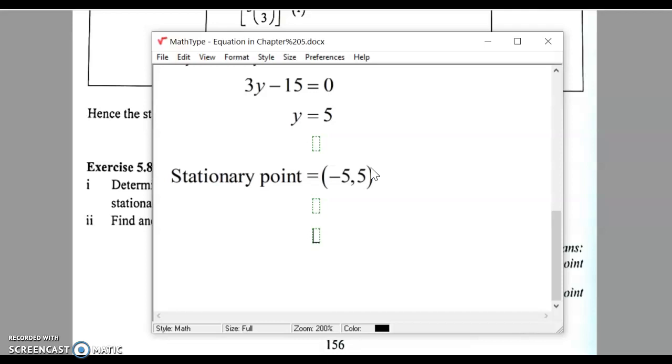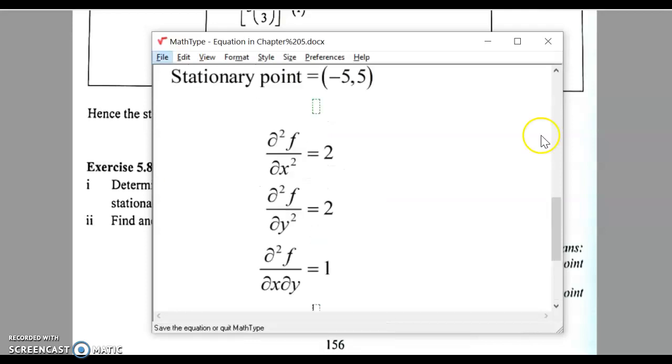We have the second partial derivative of x, the second partial derivative of y, and also the mixed partial derivative. Alright, these are all of the derivatives. And I want to emphasize again, your mixed partial derivative can be x then y or y then x. It is the same.